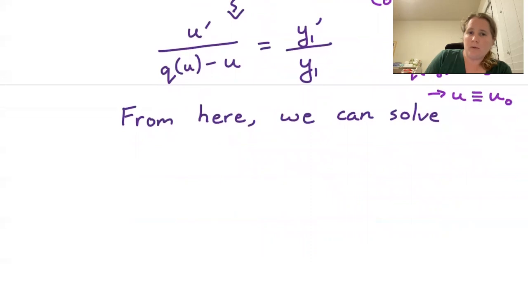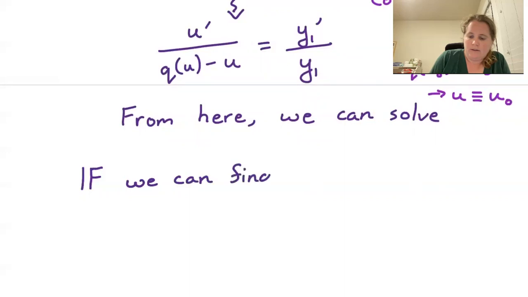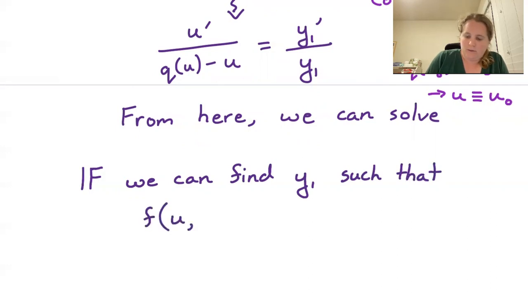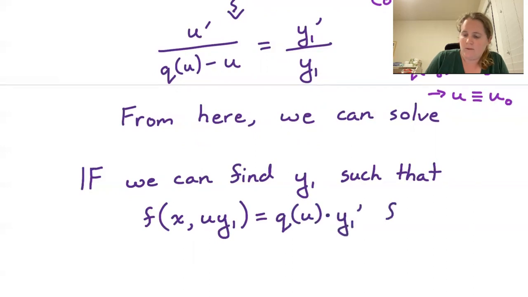All right, so essentially what we've gotten from what we've done so far is if we can find y1 such that f of x comma u times y1 is equal to q of u times y1 prime for some function q of u.